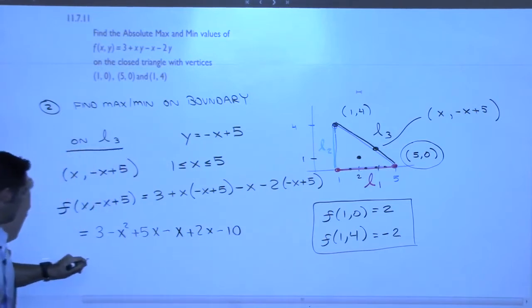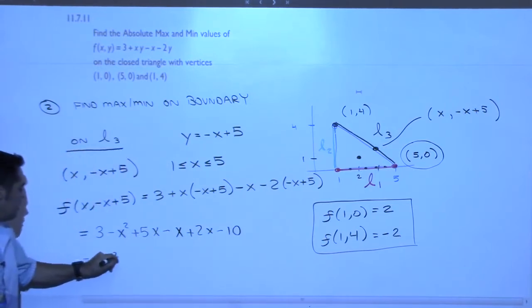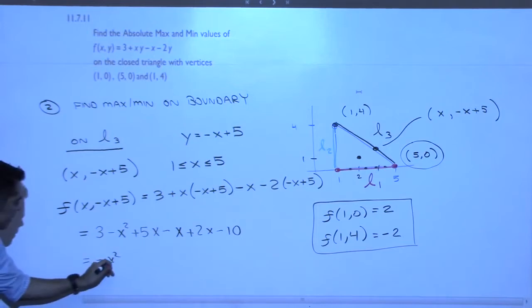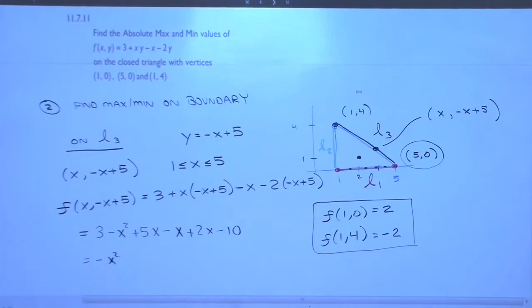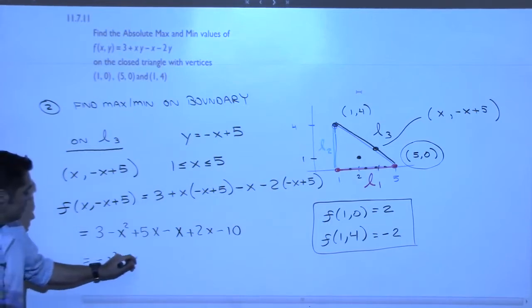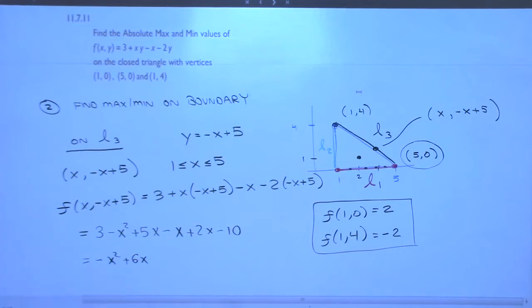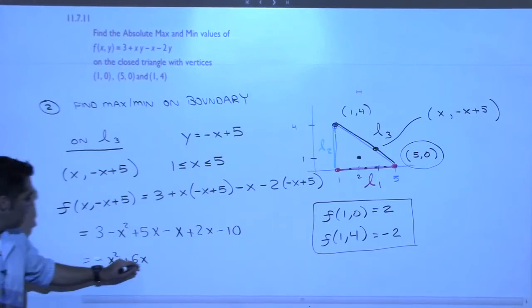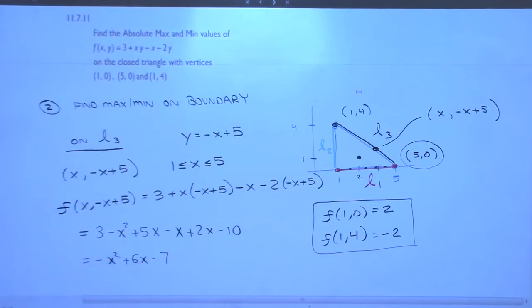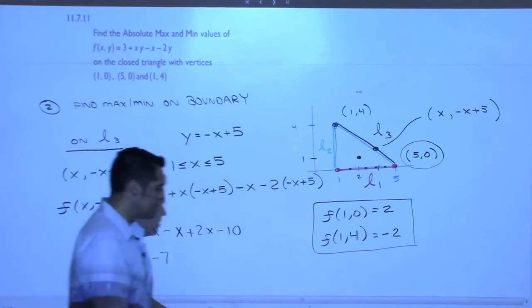Clean it up: negative x squared. How many x's do we have there? 6 x's. Constant: minus 7. Boom. There it is.